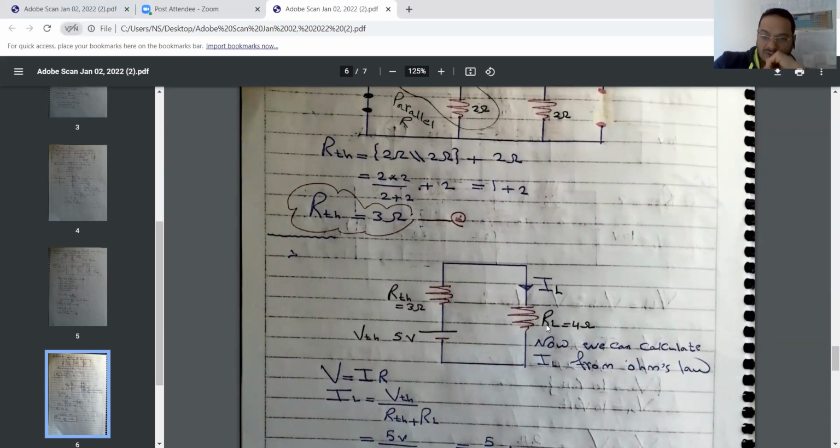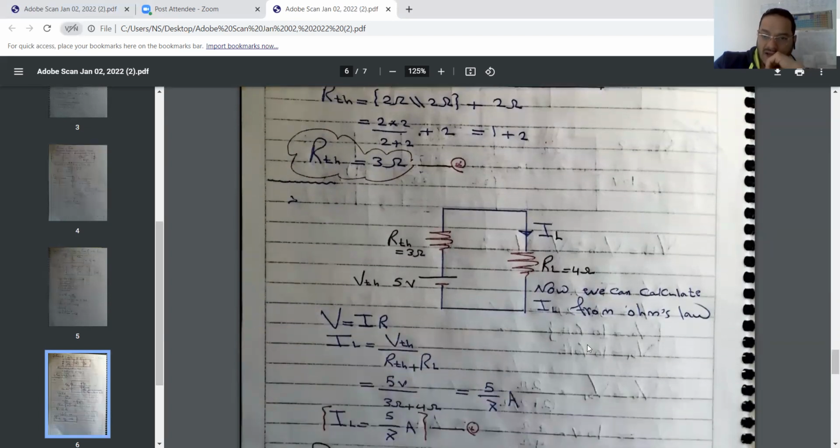We are asked to calculate the power at this load. Now we can calculate IL, because it's necessary to calculate PL, the power at this resistance, by using Ohm's law, V equals IR.